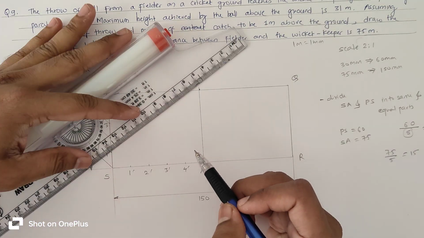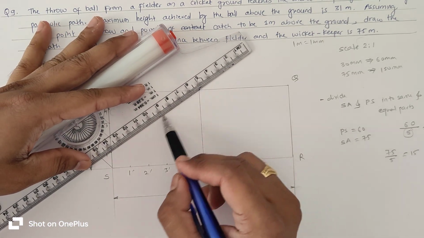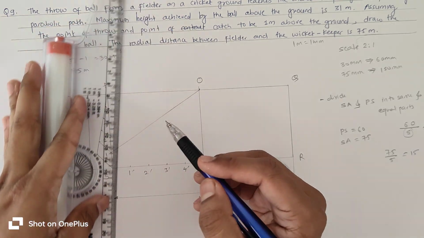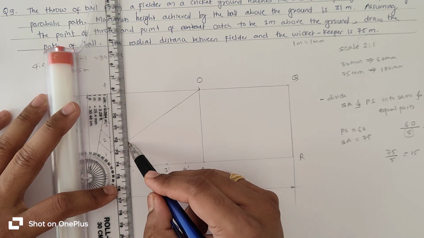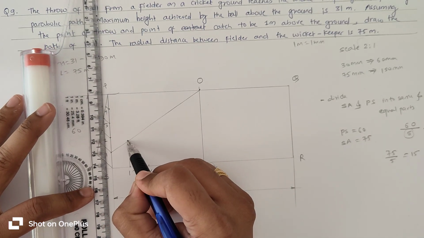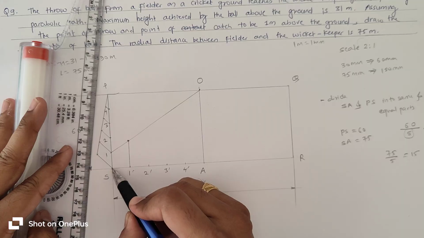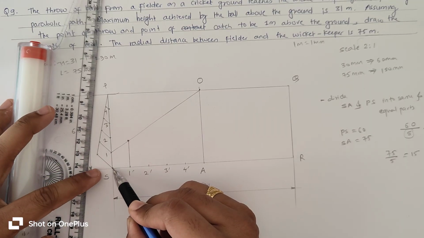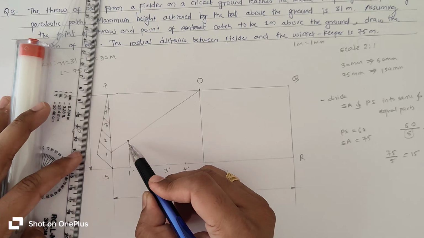Now connect point O to 1 and draw a vertical line from 1 dash to this line. This intersecting point will become the first point of the parabola. This point is the point of throw. This point will be the first generated point of the parabola.